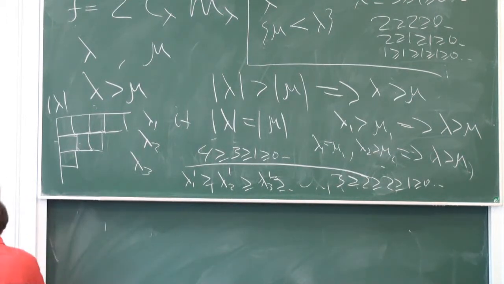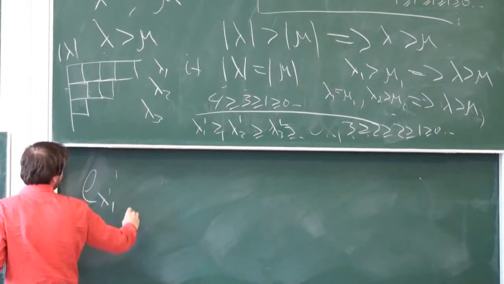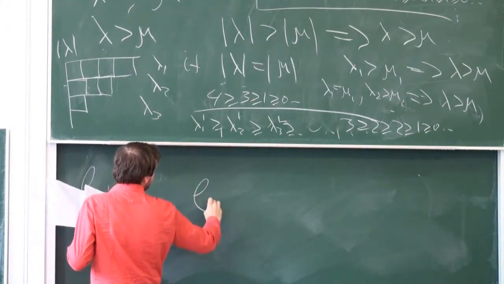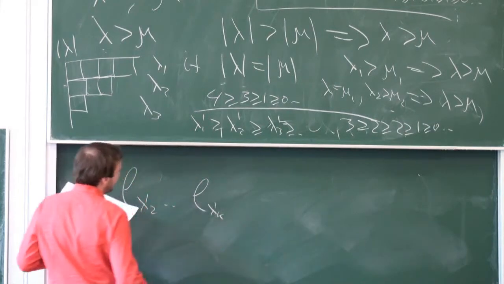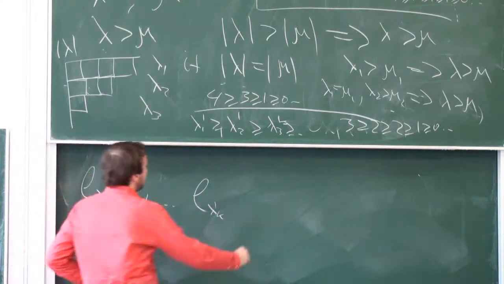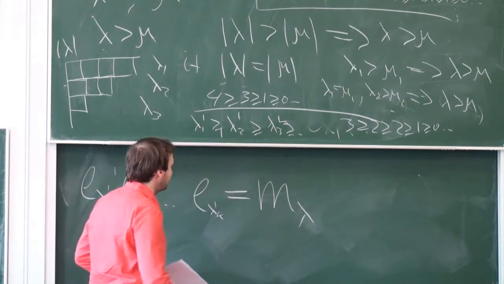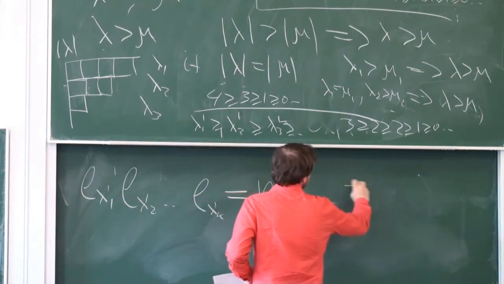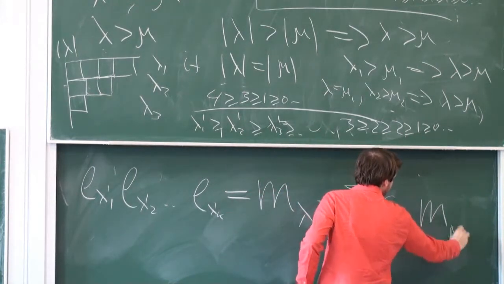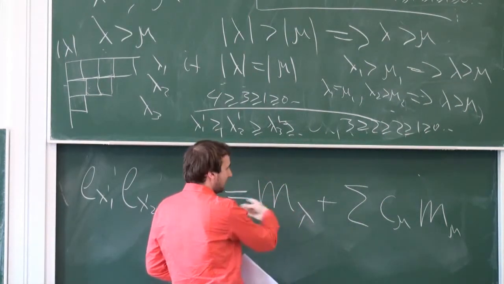That the product E lambda 1 prime, E lambda 2 prime, up to E lambda k prime, where k here is just the number of columns in our Young diagram, is equal to the monomial symmetric function m lambda plus a sum with some coefficients c mu and mu, but in this sum only partitions which are less than lambda come.